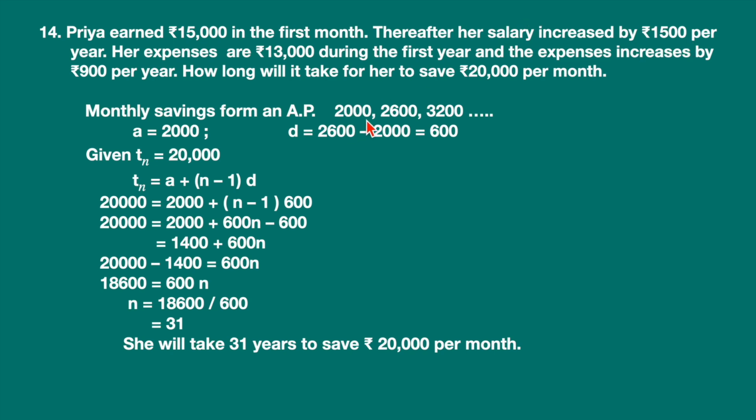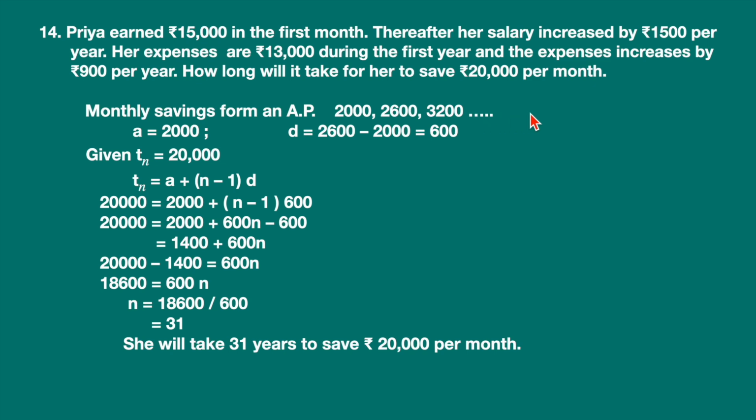So 2,000 the first year, 2,600 the second year. So every year this happens. Every year she gets an increase of 1,500 and she spends 900 more. So the third year she will save 600 more. So you add 600 here, so 3,200. This is the third year.